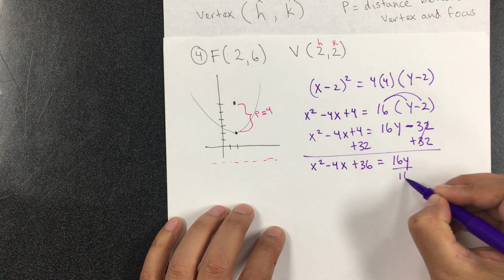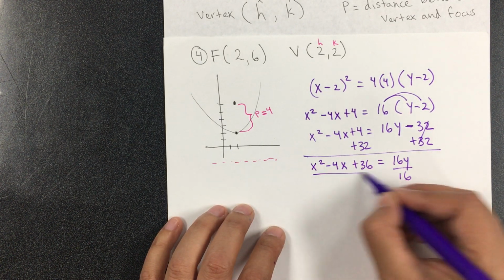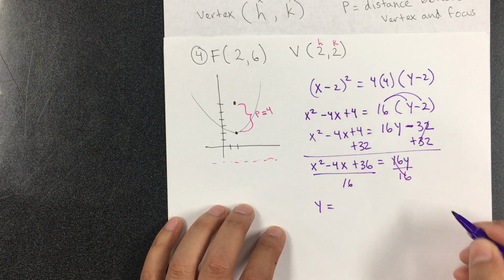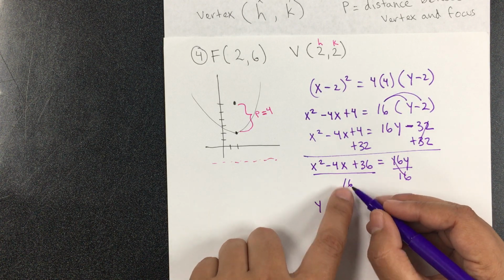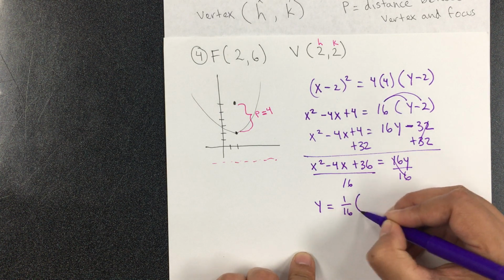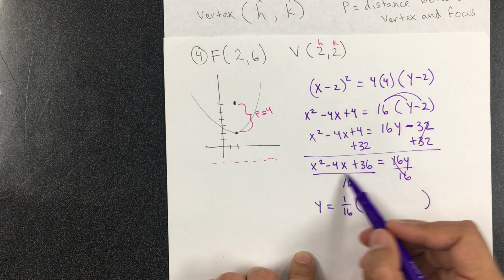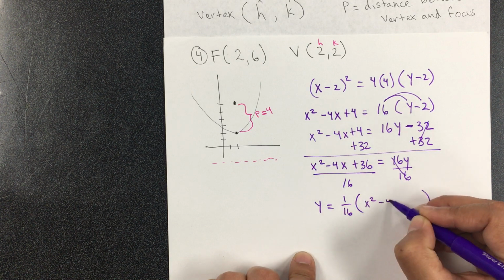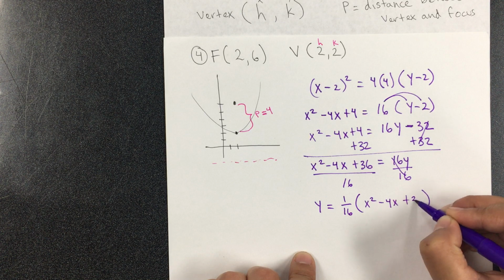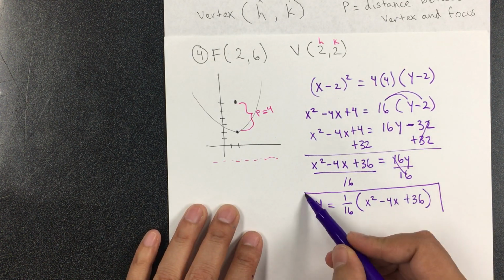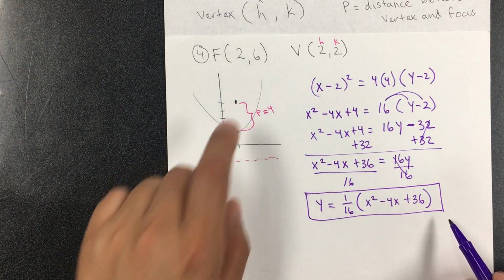We divide both sides by 16, and so we don't complicate our lives, dividing by 16 is like putting 1 over 16 times all of this. So y equals 1/16 times (x squared minus 4x plus 36). And that's it. That's your function for this parabola.